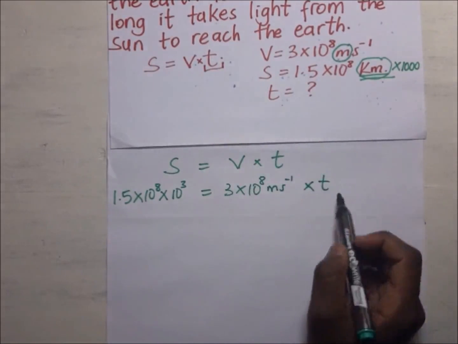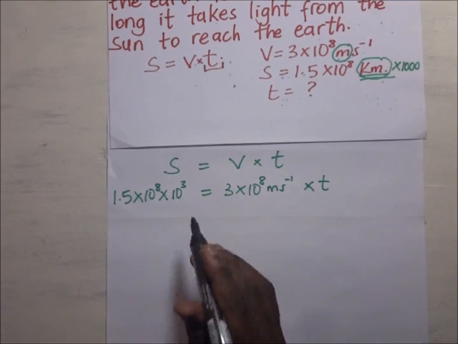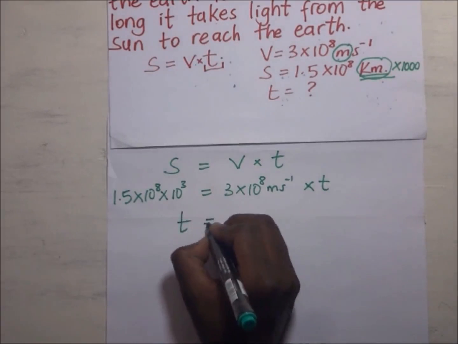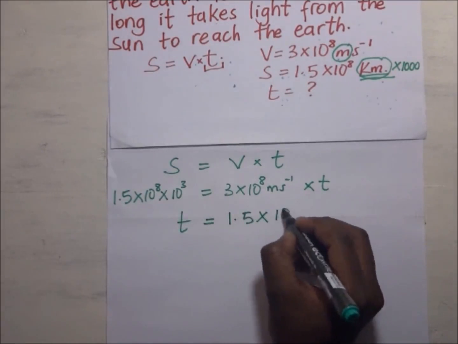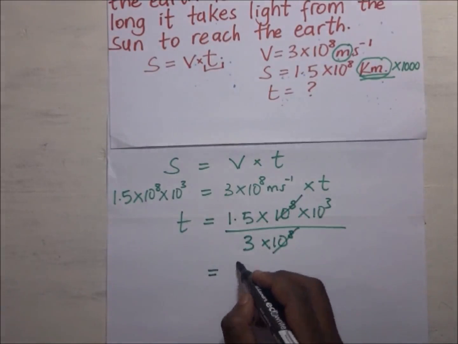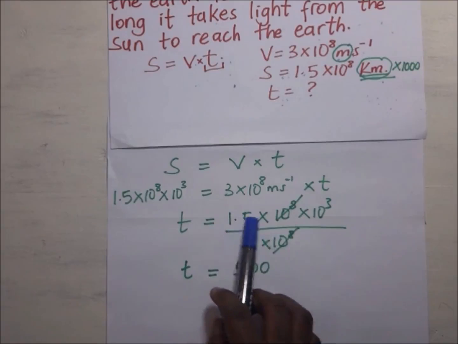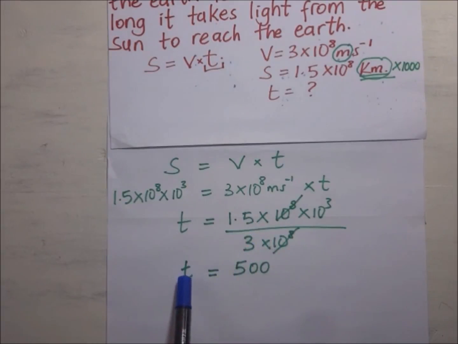Multiply that by time. So when we make T the subject of the formula to find the value of time, time therefore is going to become... Now, of course, when all this is done, we get our value of t as 500.